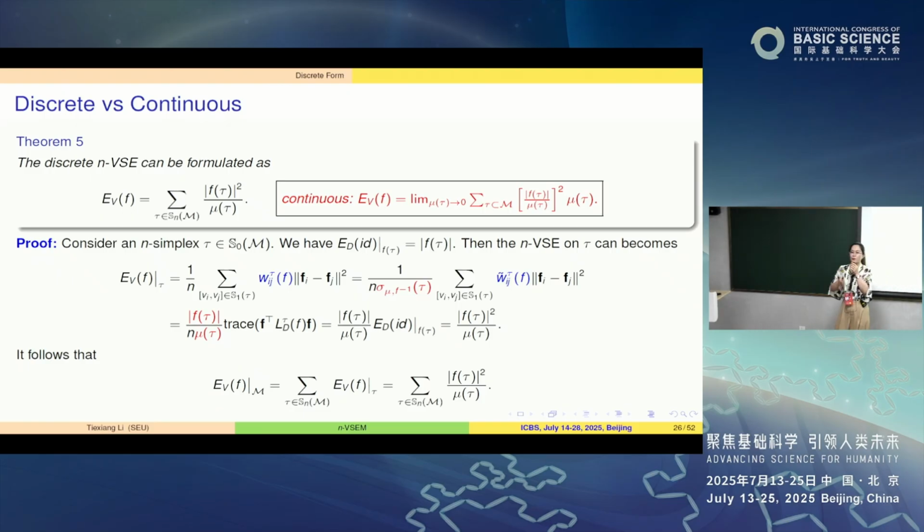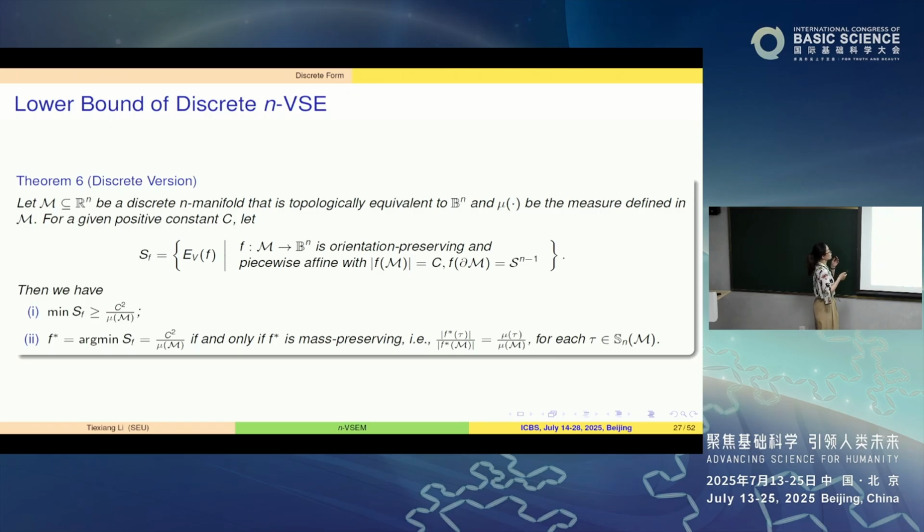So up to now, we have shown that the continuous version and the discrete version coincide. From this, we explain why we define the discrete structure energy in this way, and these two concepts can match together.